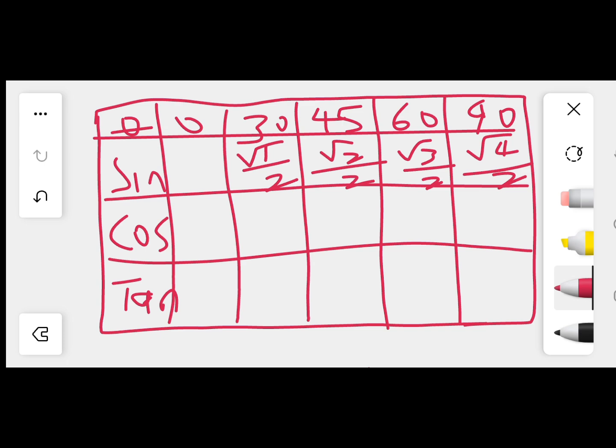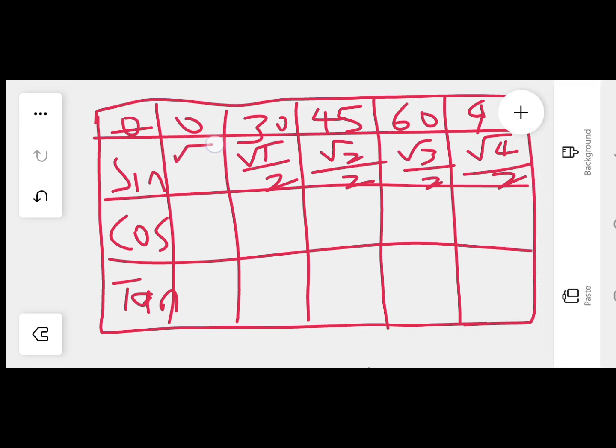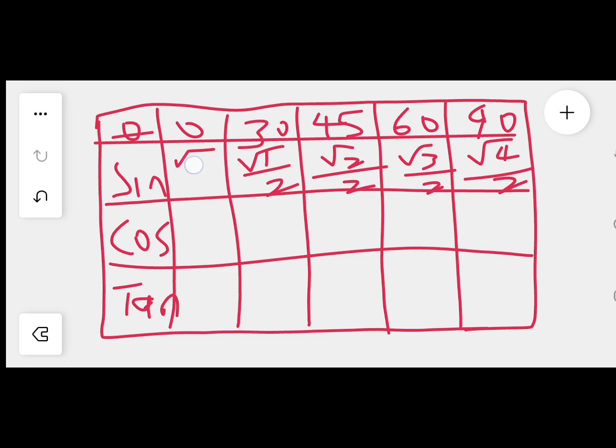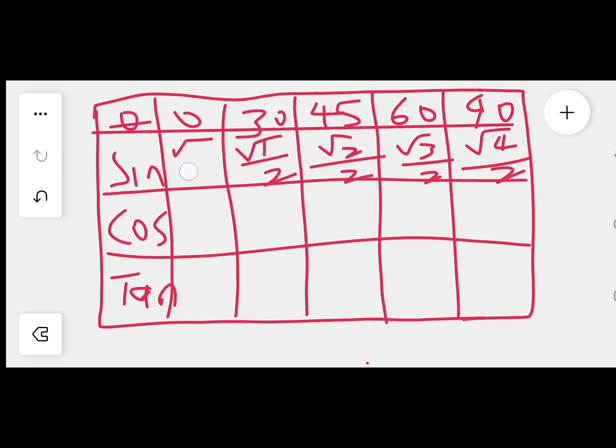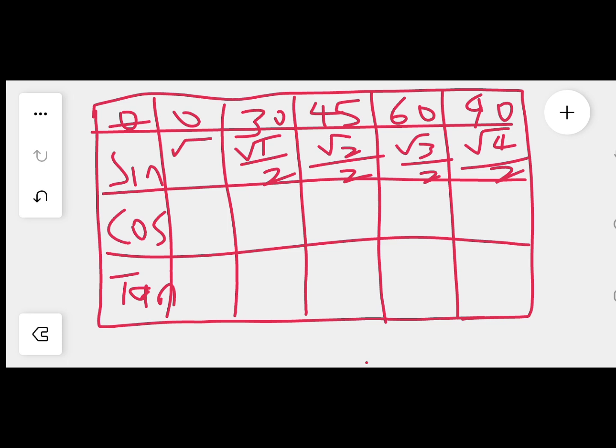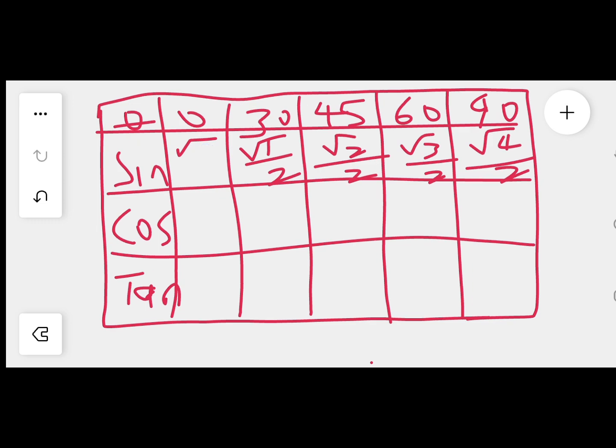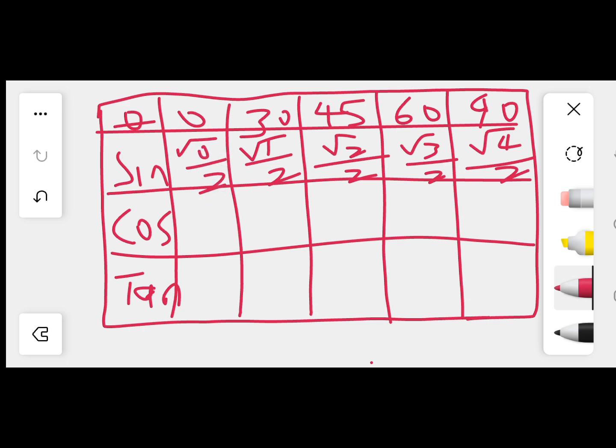Then for 0 degrees, you just do root 0 over 2. Why are we doing root 0 over 2? Because before 1 is 0. So since my sine 30 is root 1 over 2, I'm going to have root 0 over 2. That is it. That is for sine of angles.